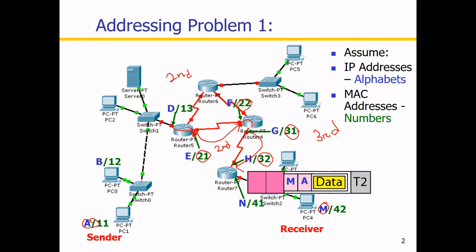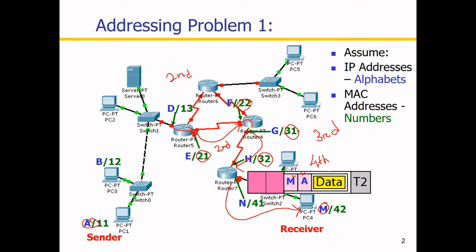All right, now for the fourth hop-to-hop delivery, the data is going to flow from router 7 to PC4, from this interface N of router 7 to this PC4. The sender and the receiver IP do not change.